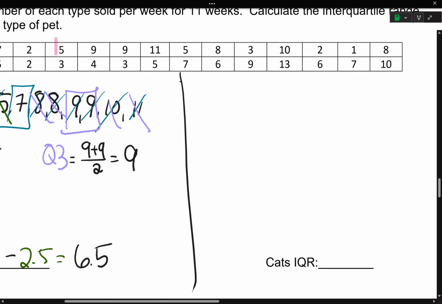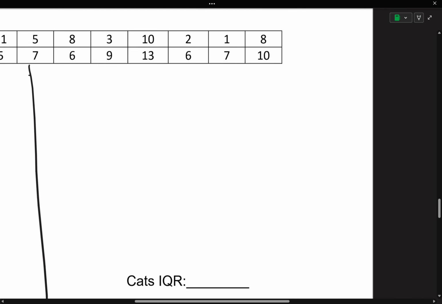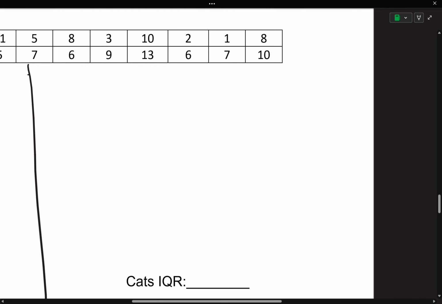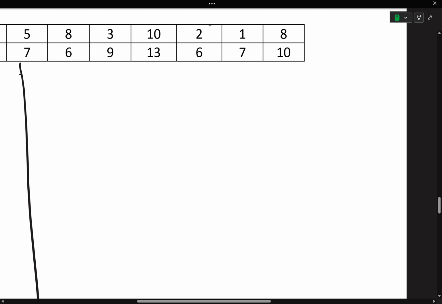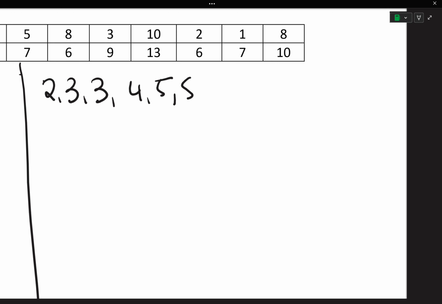Let's do the same thing for the cats. Let's write a list and practice finding Q1 and Q3. All right, I'm going to write down the list because I have it on my answer key. 2, 3, 3, 4, 5, 5, 2 6s, 2 7s, a 9, a 10, and a 13.